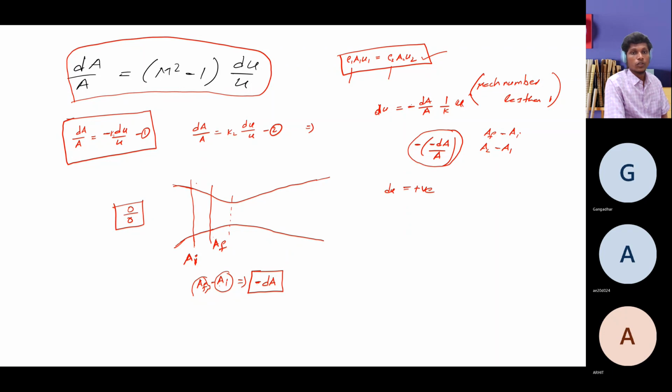For the transonic region we cannot apply this directly. It yields zero and dA does not exist. The equation becomes indeterminate, so no solution will exist. You should not apply this to the transonic region, which has different relations. For supersonic and subsonic flow, you can handle this.